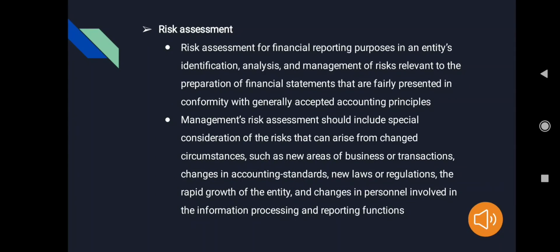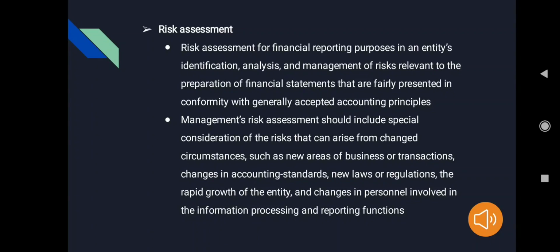The second point is risk assessment. Risk assessment for financial reporting purposes is an entity's identification, analysis, and management of risk relevant to the preparation of financial statements that are fairly presented in conformity with generally accepted accounting principles.